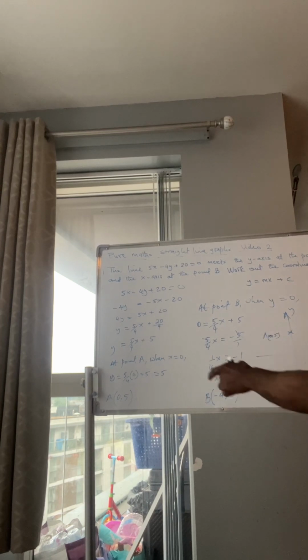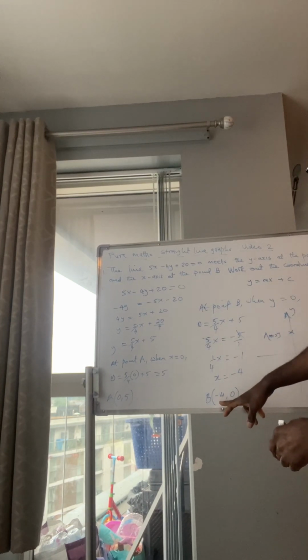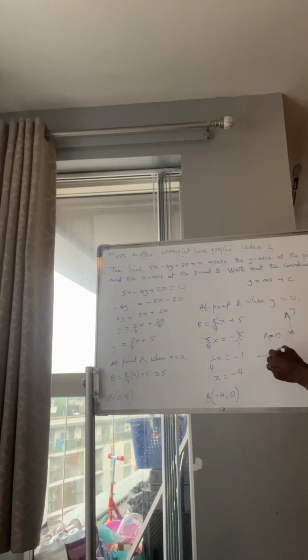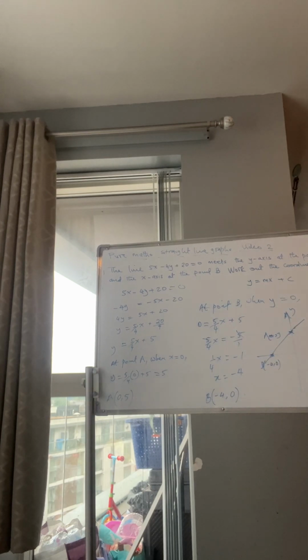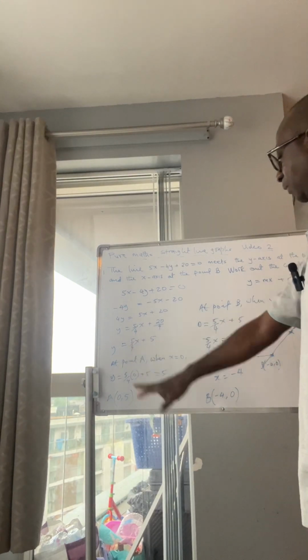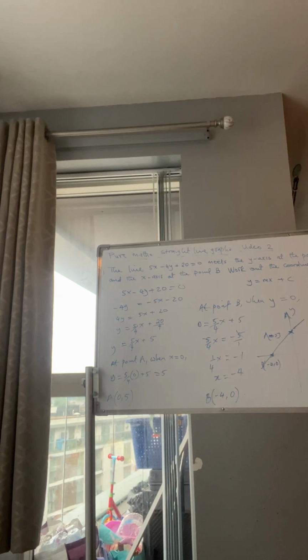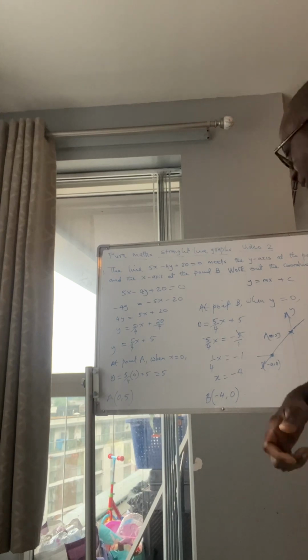This is A. At B, x is minus 4. Let's say x is here, and y is 0. So B is minus 4, 0. So you join these 2 points. So this is your line. This is the line they are referring to. And the gradient of this line you can read from here, 5 all over 4, or 1.25. So that solved the problem. Thank you for watching. Bye-bye.